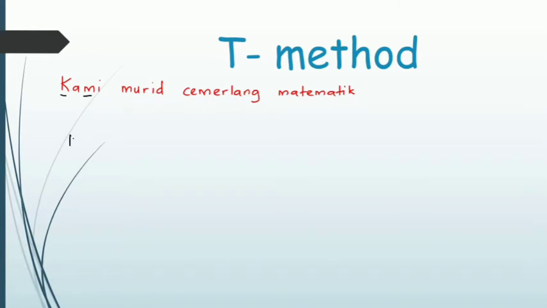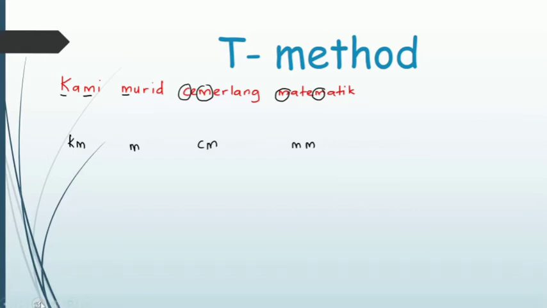It shows you kilometer, and here you will find meter. From murid, we can find meter, and from cemerlang, we can find centimeter, and from matematik, we can find millimeter. So when you remember these terms, kami, murid, cemerlang, matematik, you will know how to memorize the units of length.